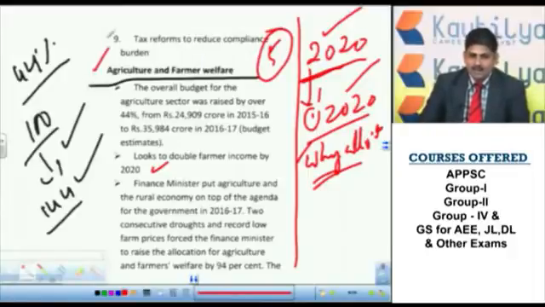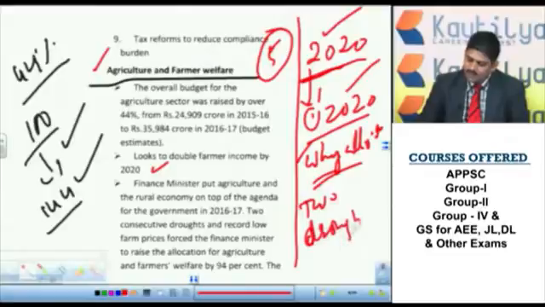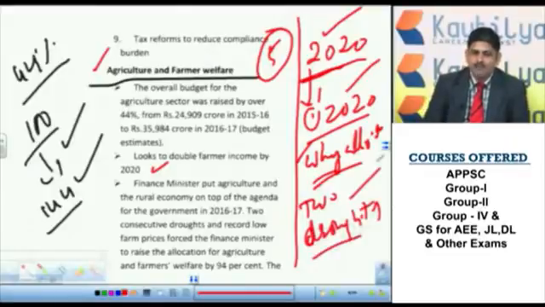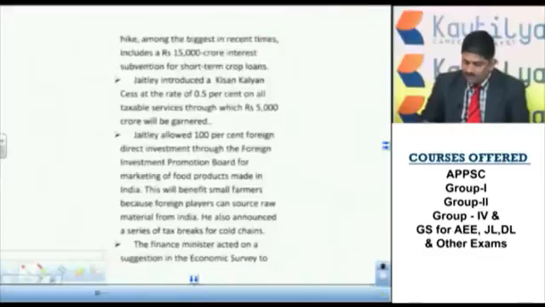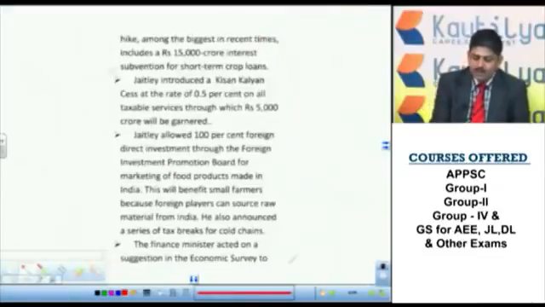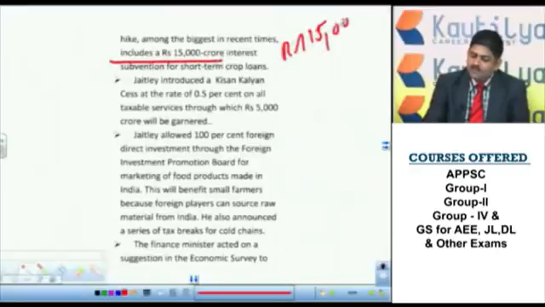However, as specified in the budget, there were 2 continuous droughts. So in order to help uplift the life of the farmer, the Government of India has given so much importance. The biggest one out of this is the loan waiver of 15,000 crore, interest subvention for short-term crop loans.